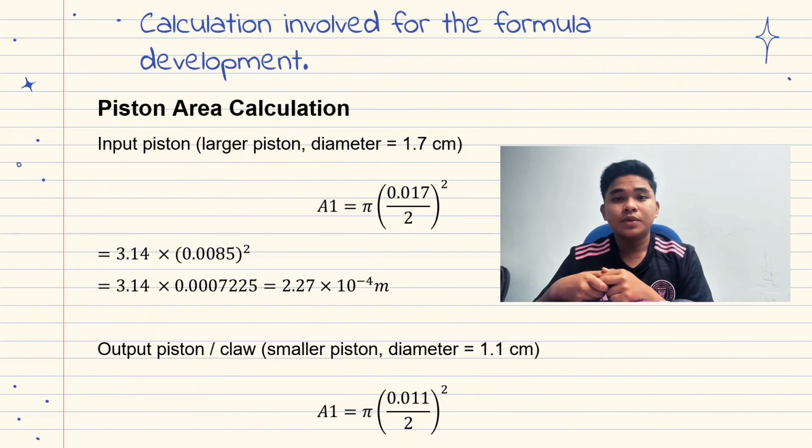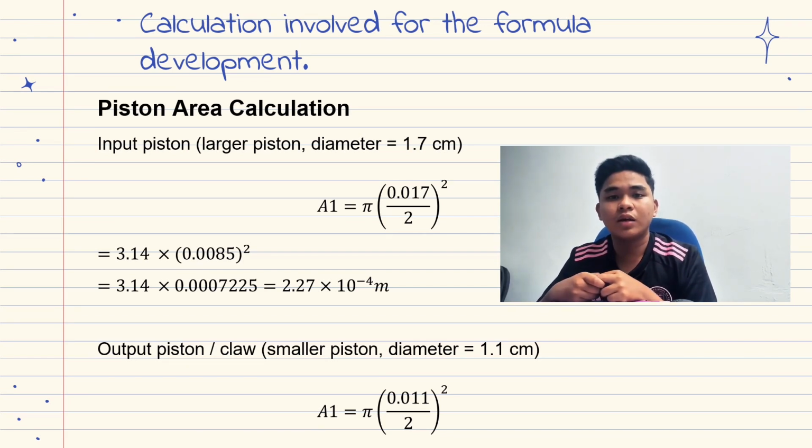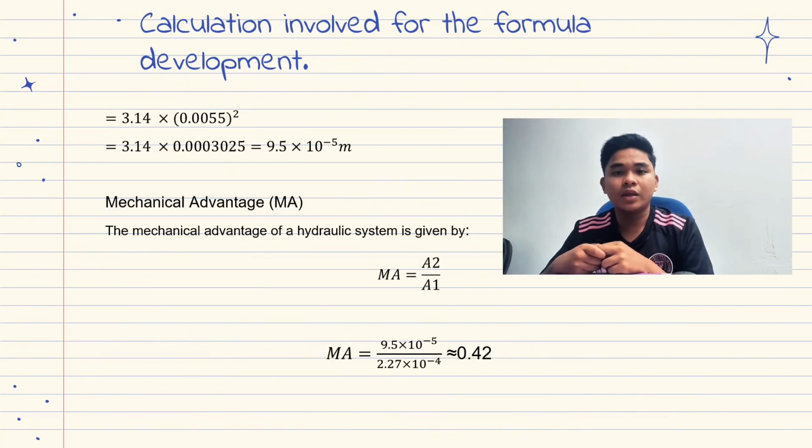To calculate the piston area, we use the formula where the input piston with a diameter of 1.7 cm gives an area of approximately, and the output piston with a diameter of 1.1 cm gives an output area. From these values, the mechanical advantage of the hydraulic system is determined.